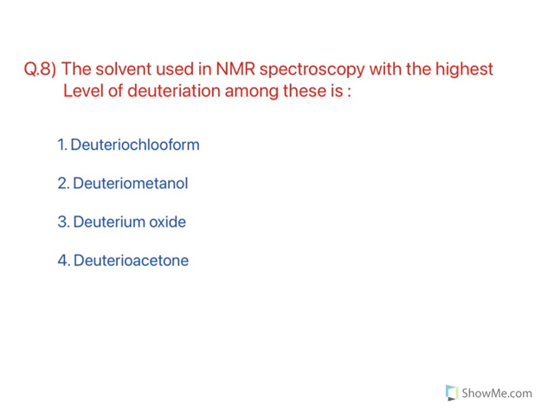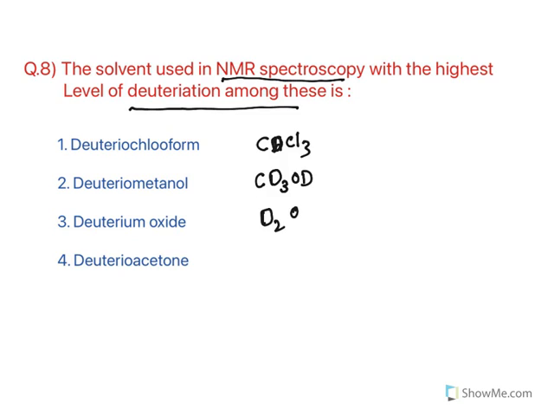Next one. See, the solvent used in NMR spectroscopy with the highest level of deuteriation among these is, say, deuteriated chloroform. Now let us understand about these things. See, CHCl3 is chloroform. When you say deuteriated, in place of hydrogen you will get deuterium. Deuteriomethanol, CD3OD, is deuteriomethanol because CH3OH is methanol. Deuterium oxide, D2O, whereas deuterioacetone is CD3, C double bond O, CD3.